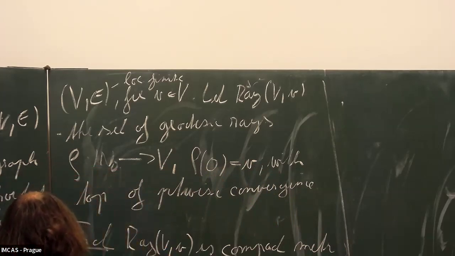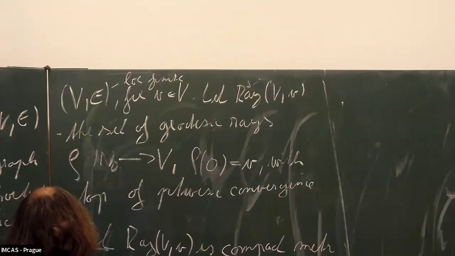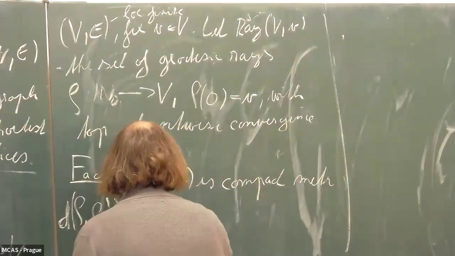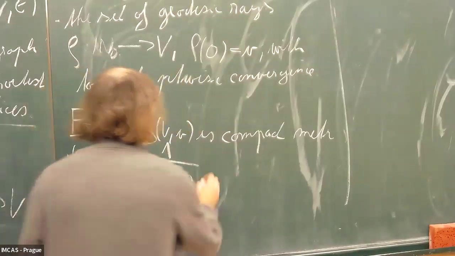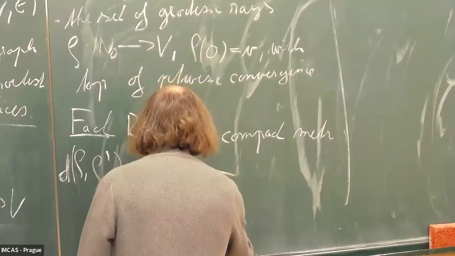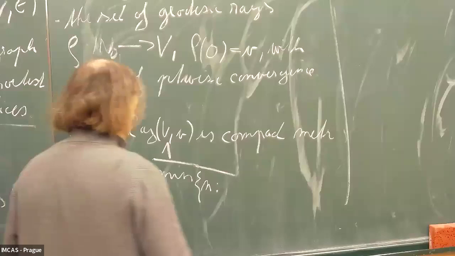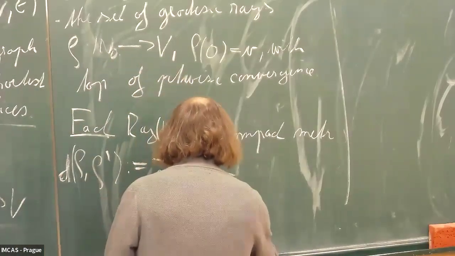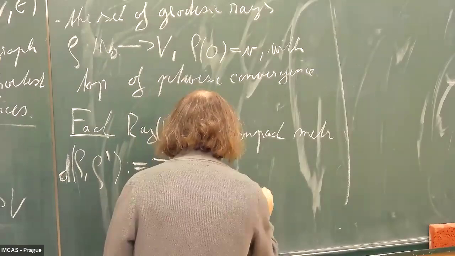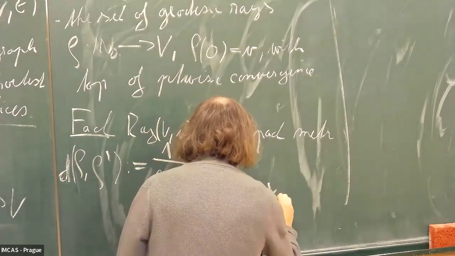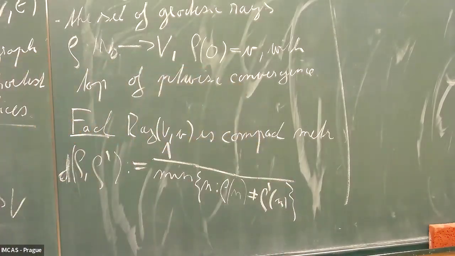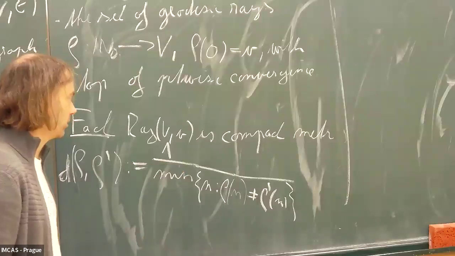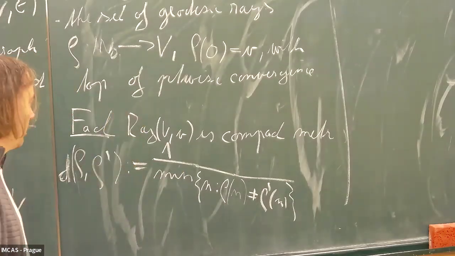The distance between them is defined as one over the minimum of those, where rho and rho prime differ. This is an ultrametric which is compatible with the topology.